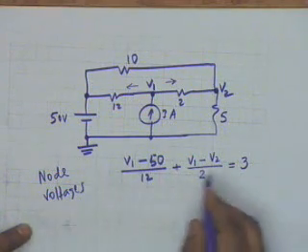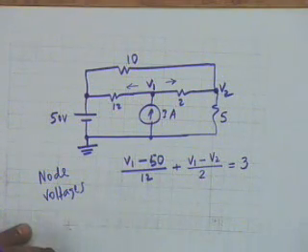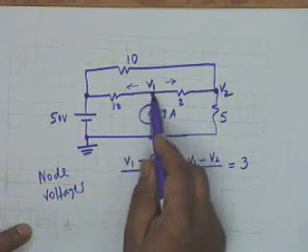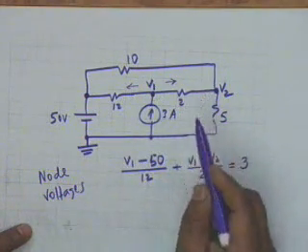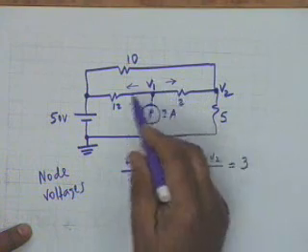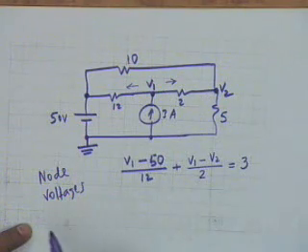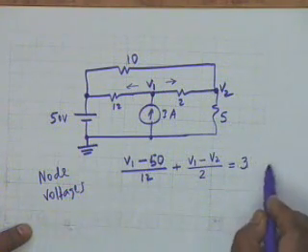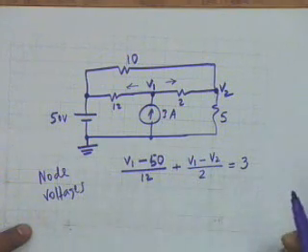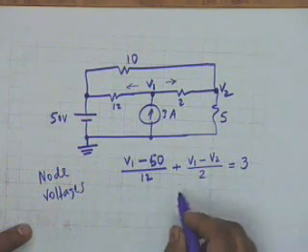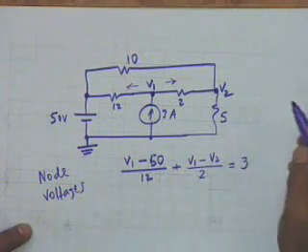Is that okay? This is an expression for KCL. The sum of these two currents leaving should be equal to the current coming. I could have written this with minus 3 equal to 0, but I have written it with 3.